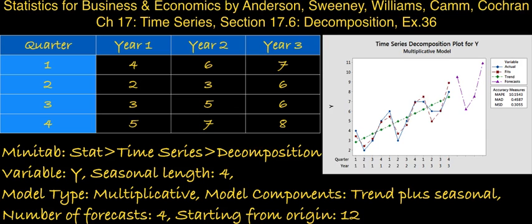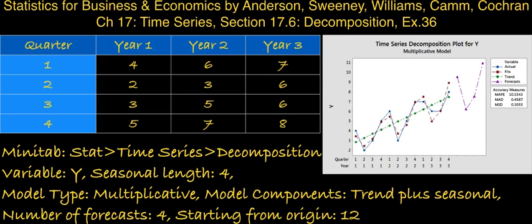So for the first quarter in year 4, first of all we calculate the trend, so 2.424 plus 0.4216 times t, and t represents the period, which will be 13 for this quarter 1 in year 4.